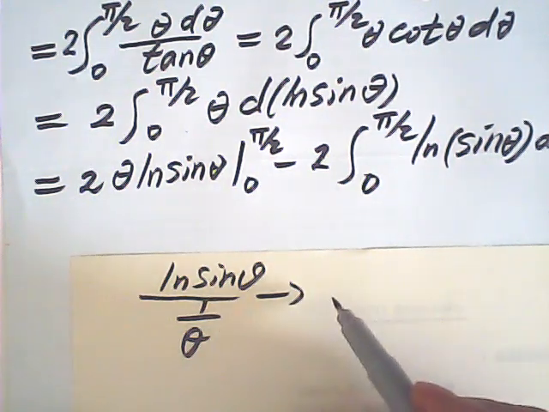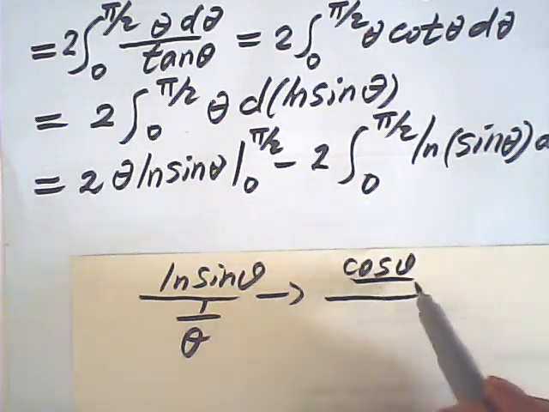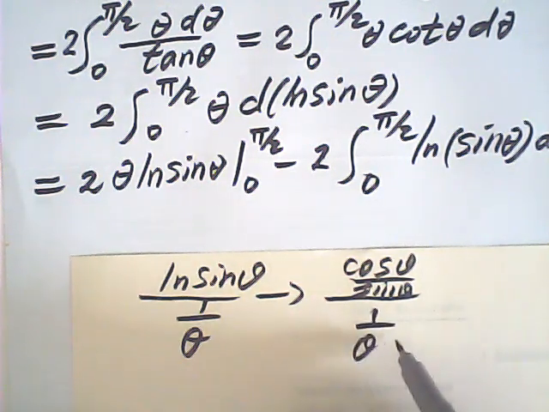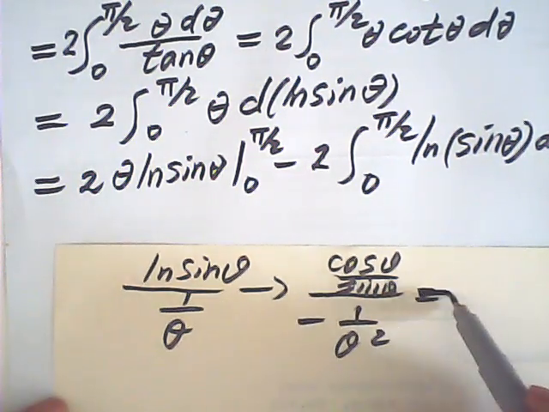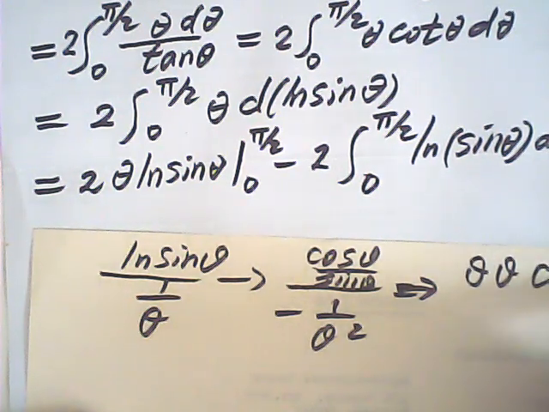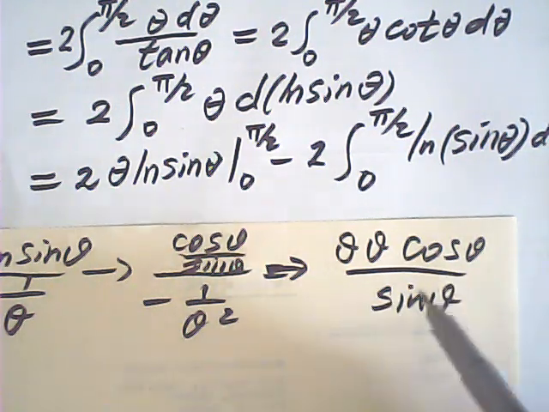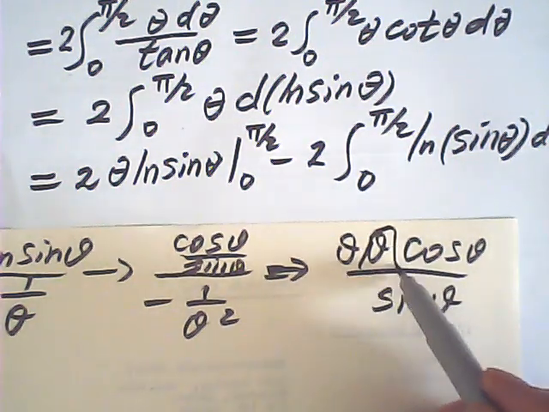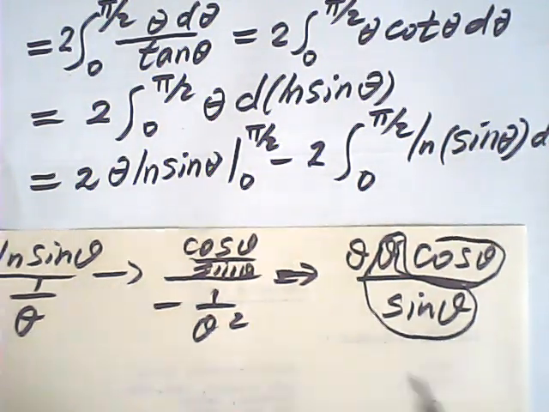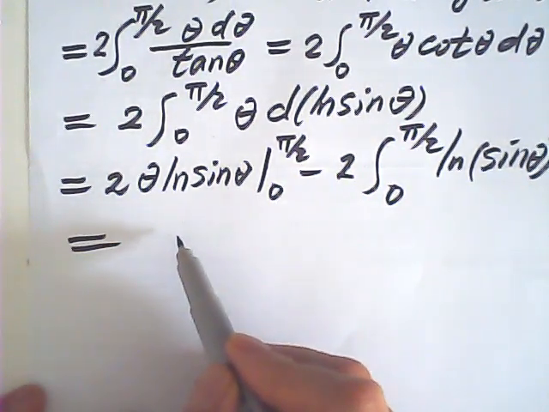So when theta approaches 0, taking the derivative gives cosine theta over sine theta, and this is the negative theta squared. So this approaches theta times cosine over sine. When theta approaches 0, cosine approaches 1, this approaches 1, and theta approaches 0. So the whole thing approaches 0.